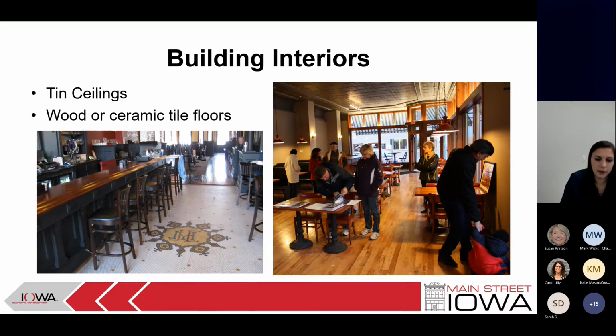Also be aware of types of flooring, which might be historic, such as wood floors and ceramic tile flooring. We often see historic tile floors that are outfitted with mosaic tiles that display an original emblem or initials of either the builder of the building or the first original business that occupied that space.